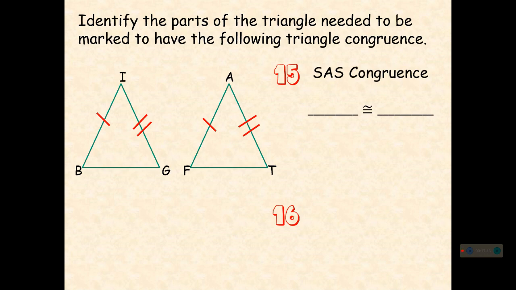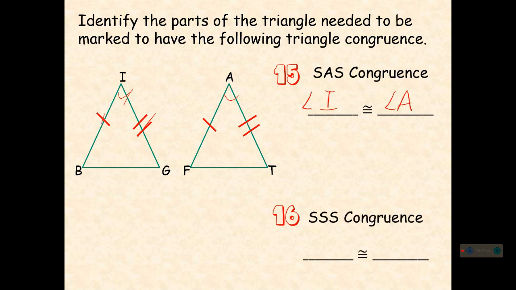If you are going to use the SAS congruence postulate, so what will be the part that you are going to put the tick marks? Yes, that is angle I is congruent to angle A is correct. For you to have, again, the side angle side.